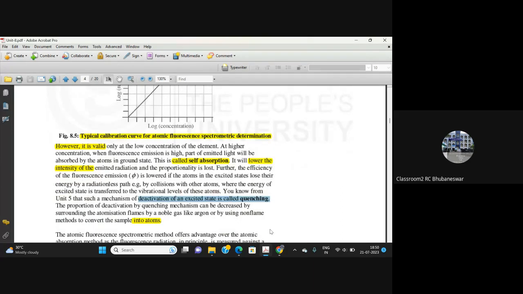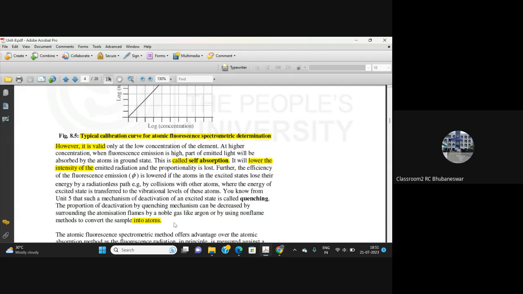Quenching means a decrease in the intensity of fluorescence, or of any spectral process. The proportion of deactivation by quenching can be decreased by surrounding atomization flames with a noble gas like argon, or by using non-flame methods to convert the sample into atoms.